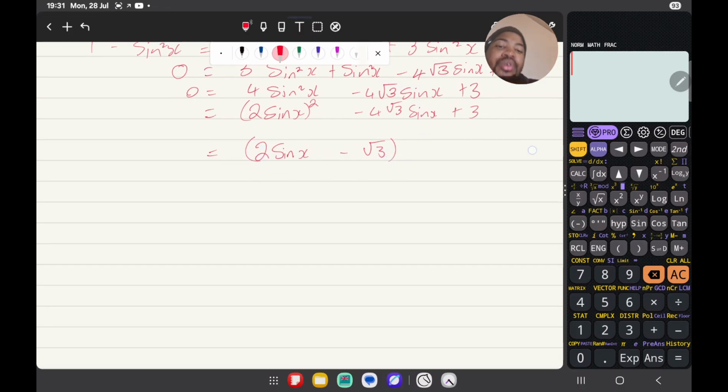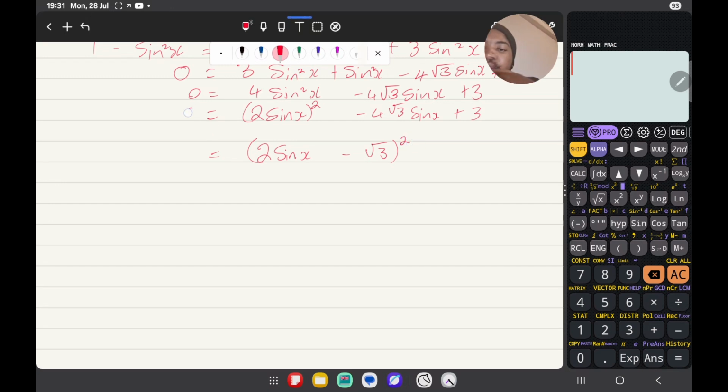When we expand this, you say this thing squared, which is 4 sine squared x, and then you multiply this together, you get 2 root 3 sine x. You multiply by 2, that is 4 root 3 sine x.